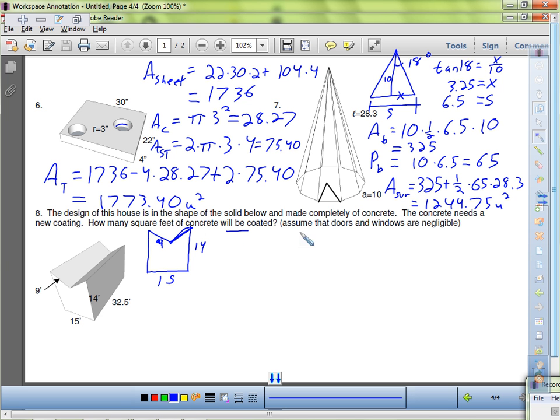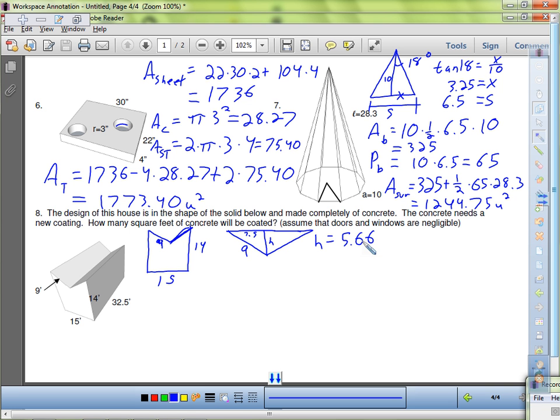So if I look at that triangle, I need to figure out my h. Draw that better. Excuse me. This is 7.5. I can do Pythagorean theorem to solve here, and I get that h is equal to 5.66.